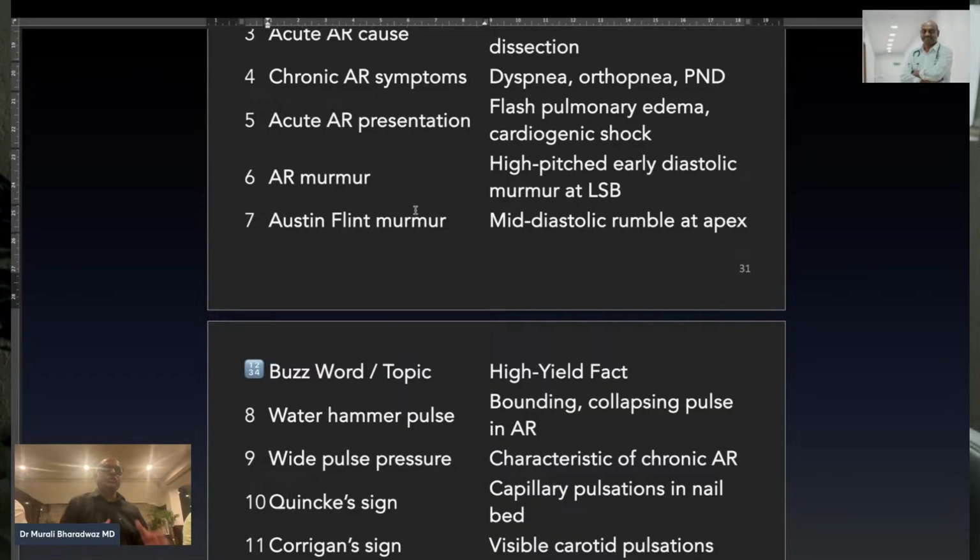Diastole. During diastole, all that stream is falling back, while at the same time from the left atrium the forward stream is coming into the left ventricle. Both clash and lead to a mid-diastolic rumble. Presence of Austin Flint is an indication of severe aortic regurgitation.